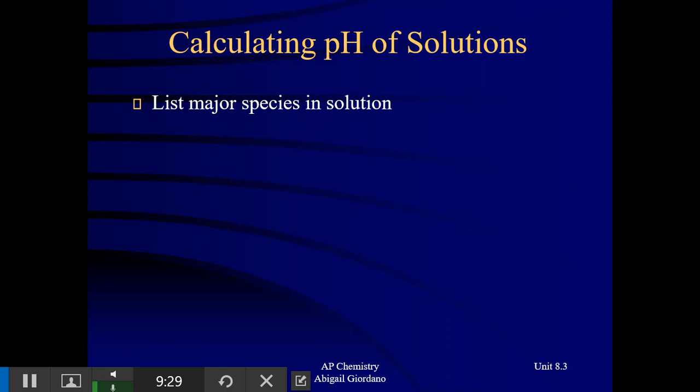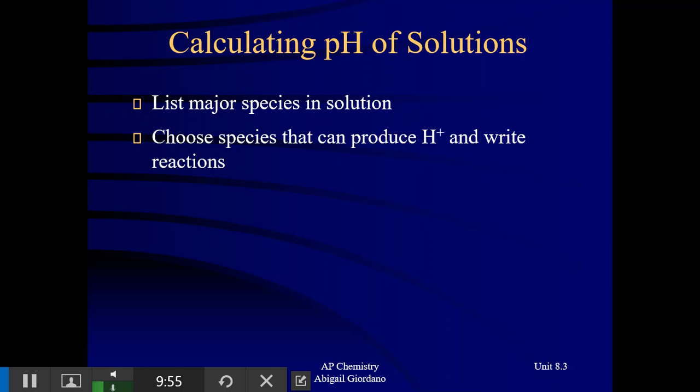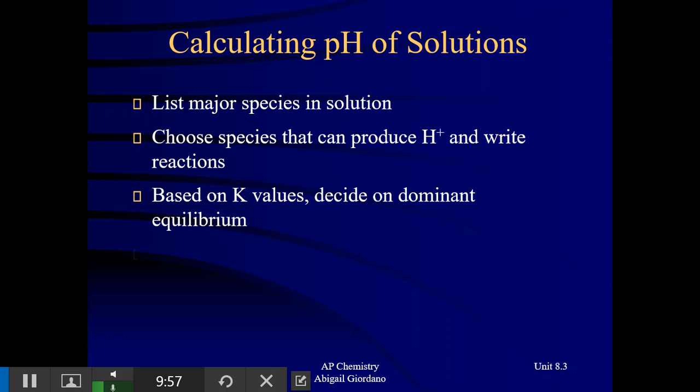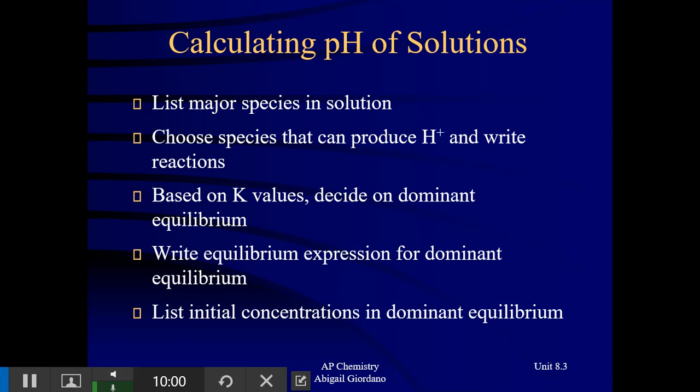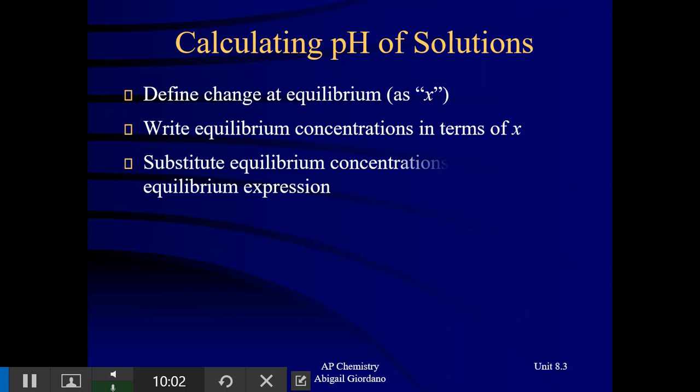So what we're going to do, guys, is I'm going to show you the process that is required to solve for the pH of a weak acid solution. We're going to always start off by listing our major species. What are the big players in the beaker? On this slide and the next, guys, I have a whole series of steps for how to do these problems. Rather than talk through them, I would rather show you a practice problem.